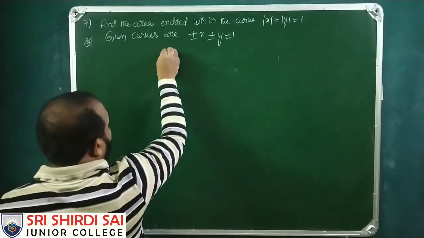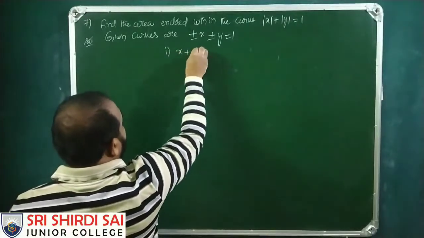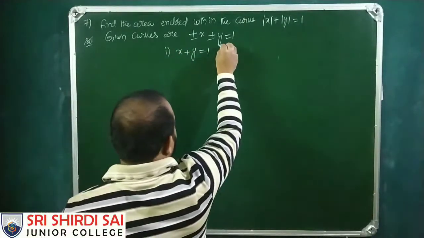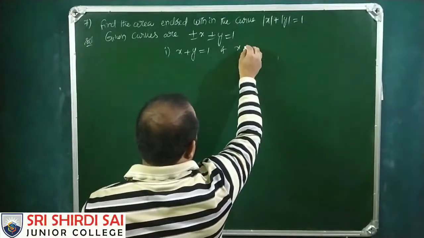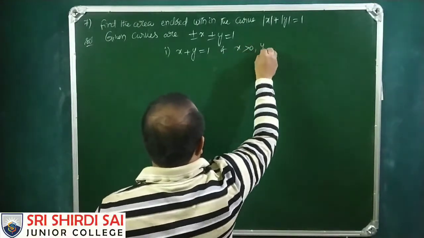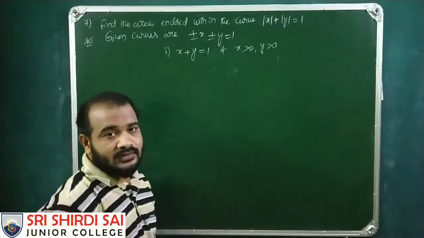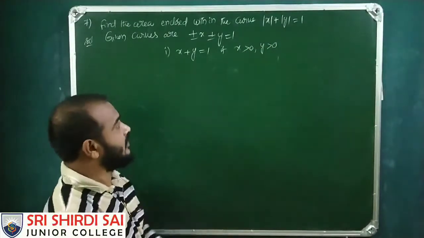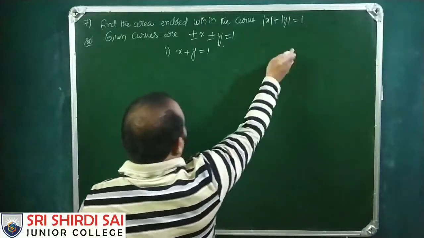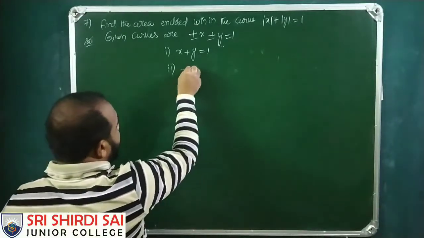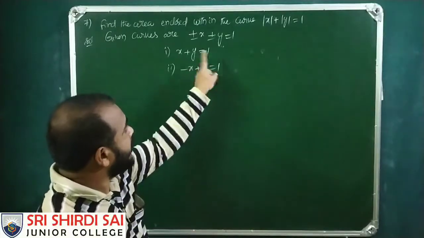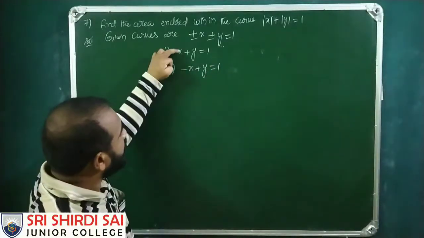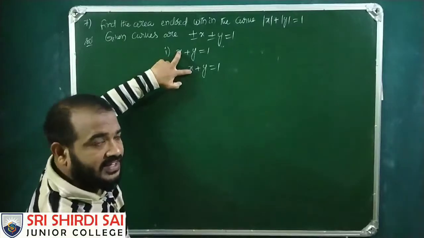So one is x plus y equals 1, if x is greater than 0 and y greater than 0, positive x-axis and first quadrant. Second, minus x plus y equals 1, second quadrant. So two combinations I have taken.